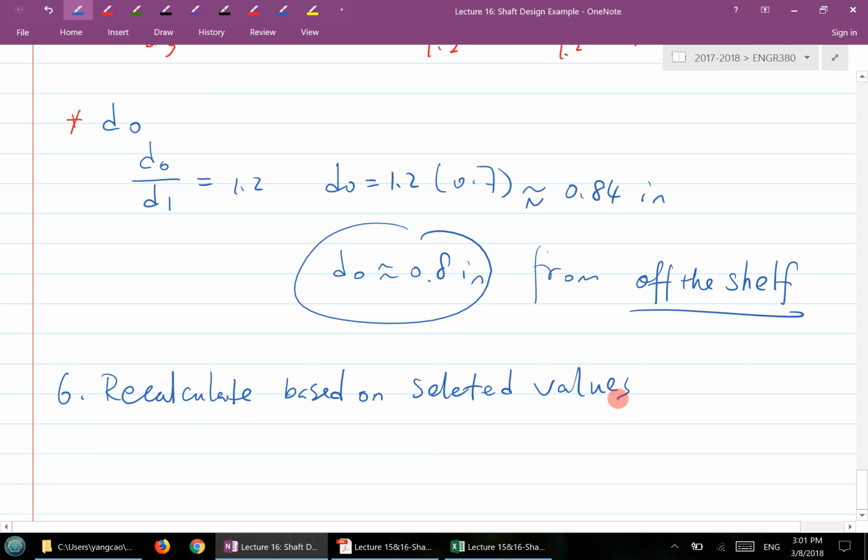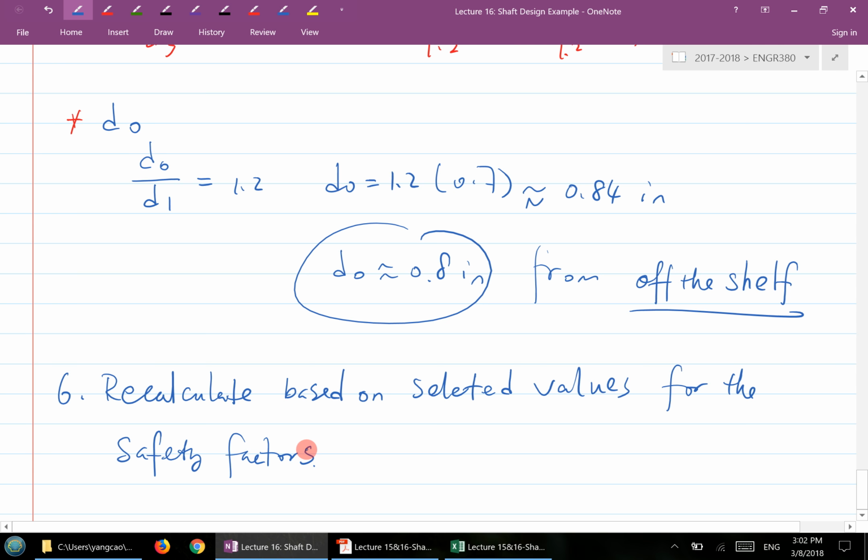Now that you have a selected value of D, you can go back and calculate the actual safety factor. There are safety factors at the different locations. That's the final step you should do.